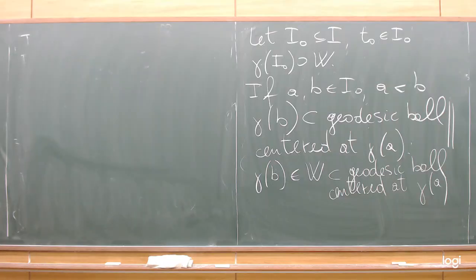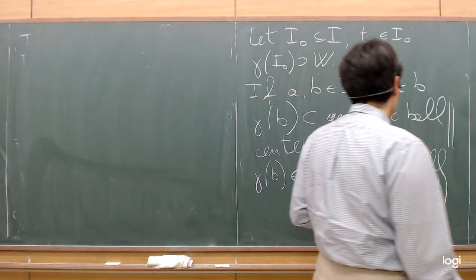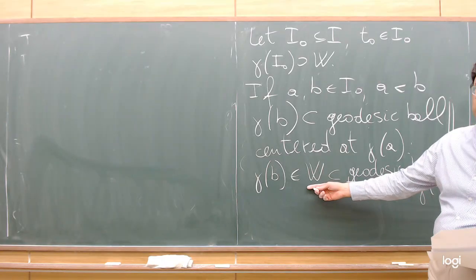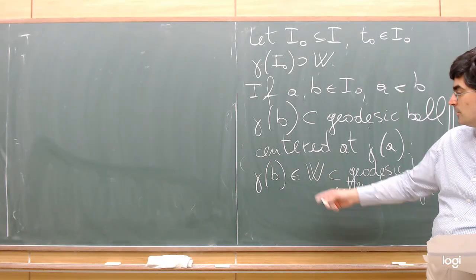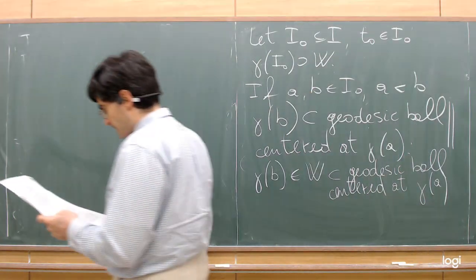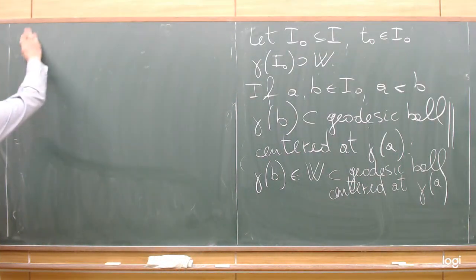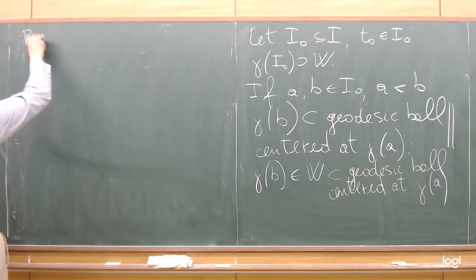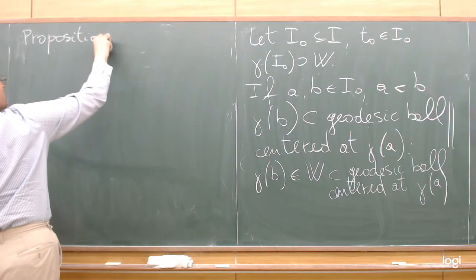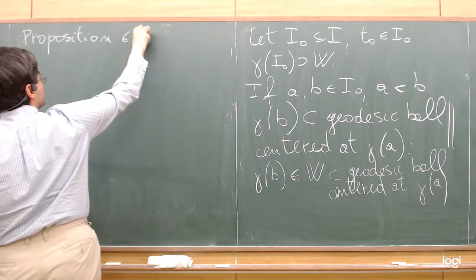Now what happens if we work inside the uniformly normal neighborhood W? The answer is: look at what proposition 6.11 says.